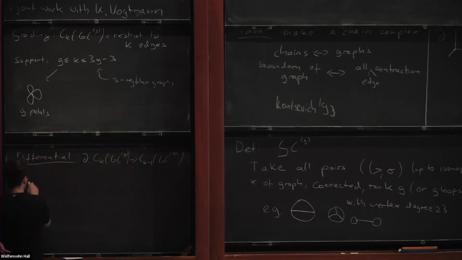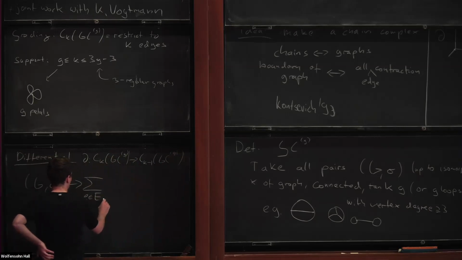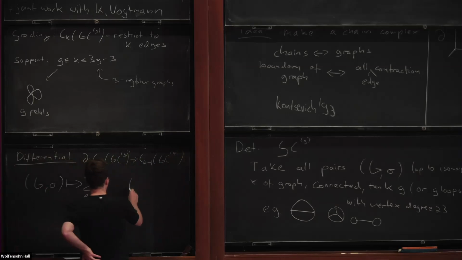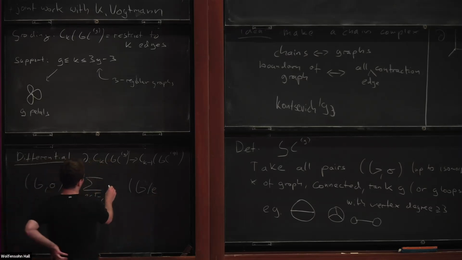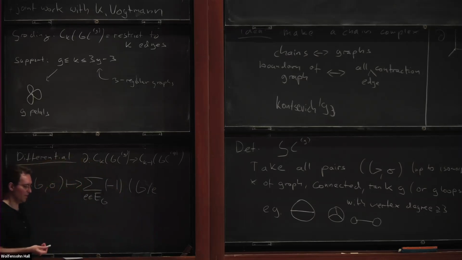And it just takes a generator, (G, sigma), to the alternating sum, or to the sum over the edges, first of all. And for each edge, for each graph, we then contract the respective edge we sum over. And we just alternate over these contractions with respect to this ordering.